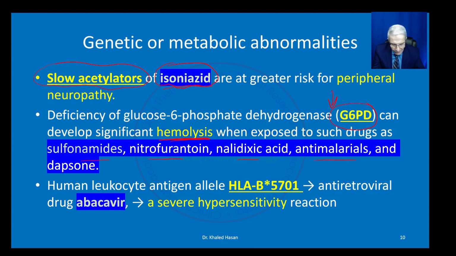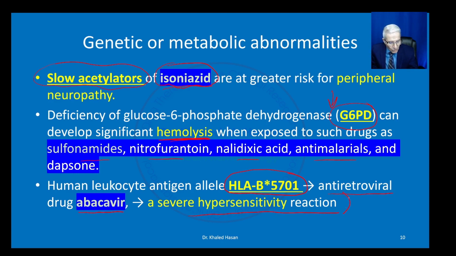Looking at the human leukocyte antigen, HLA-B 5701: if the patient is treated with the antiretroviral drug abacavir, this can lead to a severe hypersensitivity reaction.